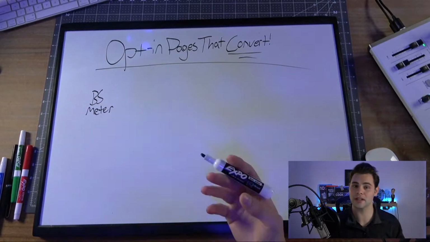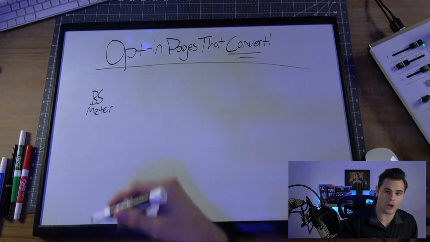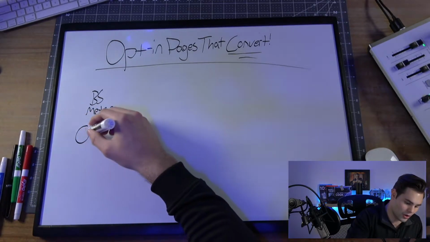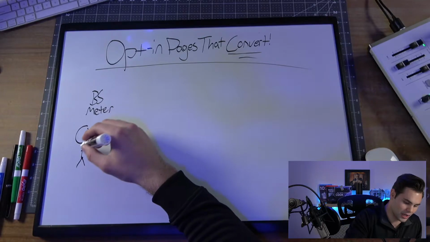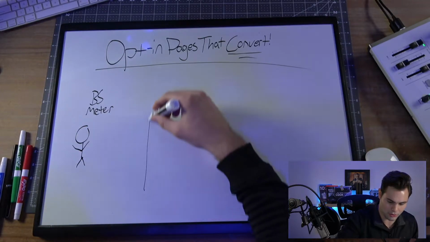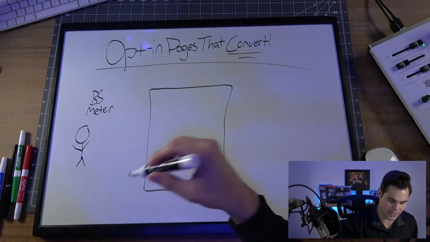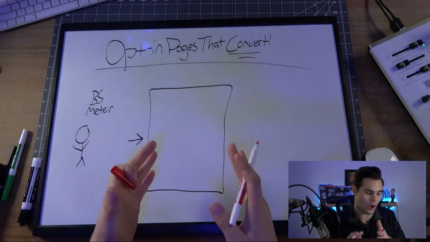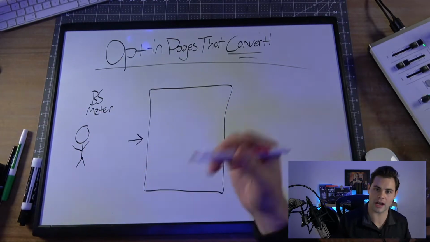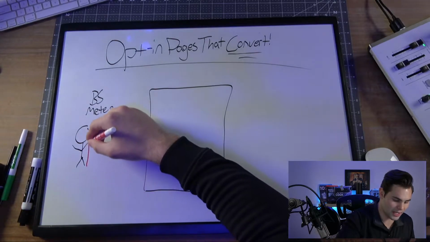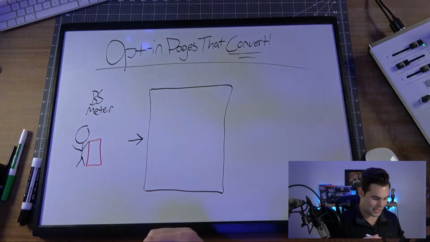Now, the BS meter is exactly what it sounds like. When a customer lands on your opt-in page, before they actually land on it, you have to realize that there's a meter of skepticism. And I like to call this the BS meter, right?